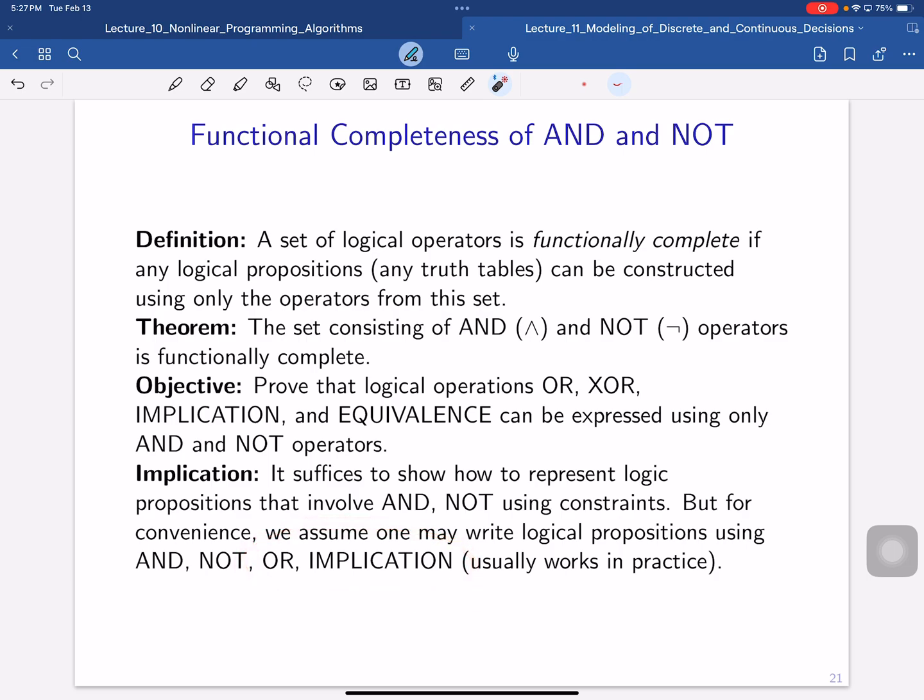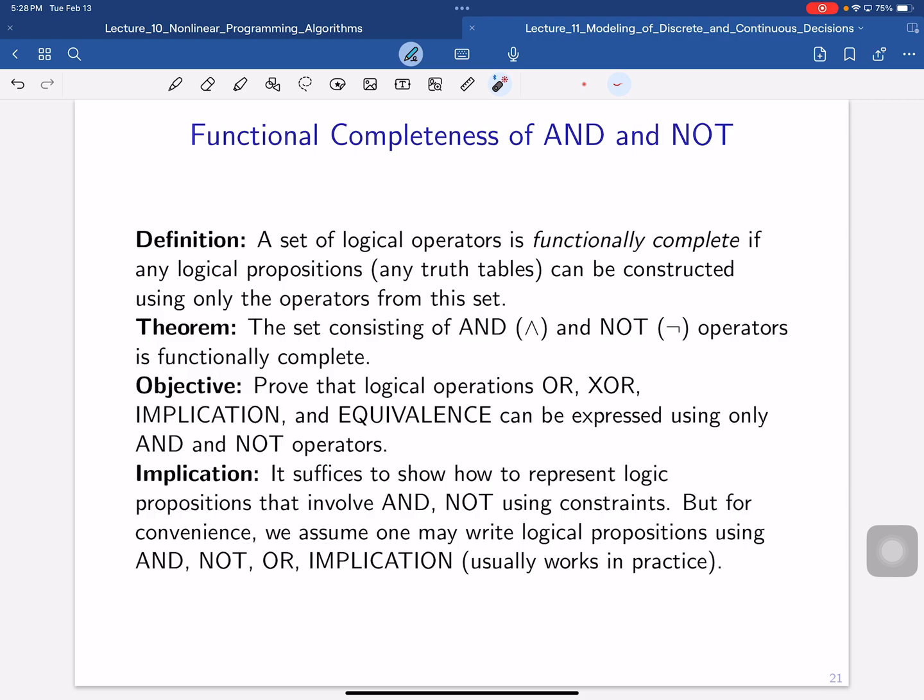You can express pretty much all the logic expressions using these 4 logic operators. And next, we are going to show you that if you have a proposition logic using these 4 operators, we can always convert it into integer constraints.